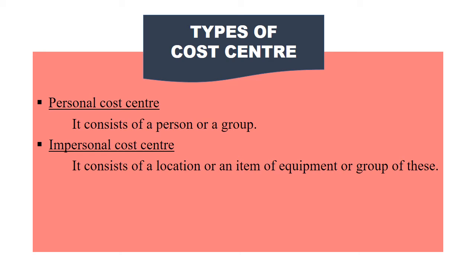There are two types of cost centers, personal cost centers and impersonal cost centers. Personal cost center consists of a person or a group, whereas impersonal cost center consists of a location or an item of equipment or a group of this. For example, factory as a location, machine as an equipment form part of the impersonal cost center.